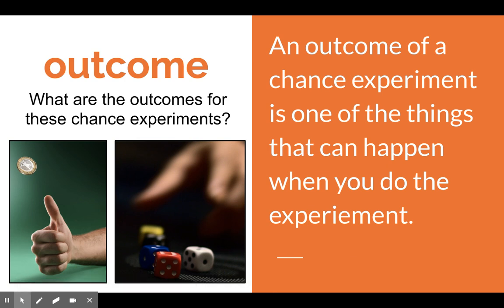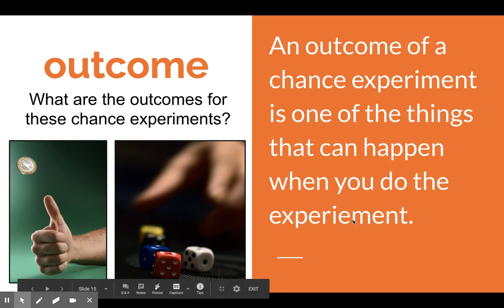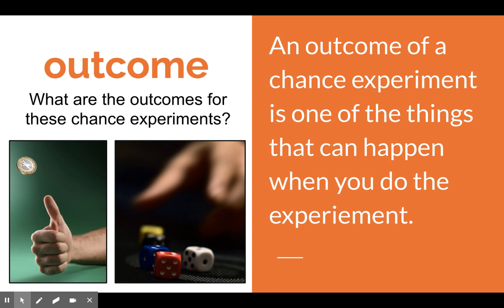So, if I'm flipping a coin, for instance, one of the outcomes could be that I get heads, or one of the outcomes could be that I get tails. If I roll a dice, one of the outcomes will be that it lands on the number 2 or lands on the number 3. So those are the outcomes of your chance experiment. So we'll pause here once again for you guys to go ahead and copy down this portion of the notes.